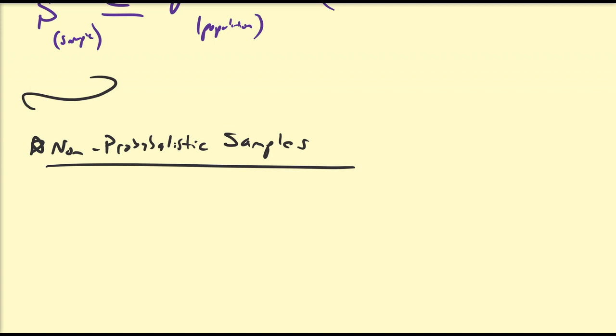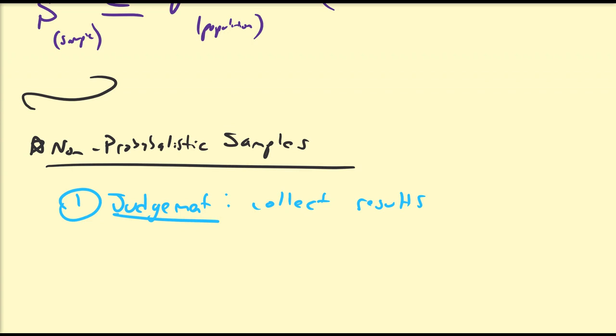So the first type of non-probabilistic sample is what we refer to as a judgment sample. So what is a judgment sample to begin with? We do this by collecting results from a pre-selected set of people.